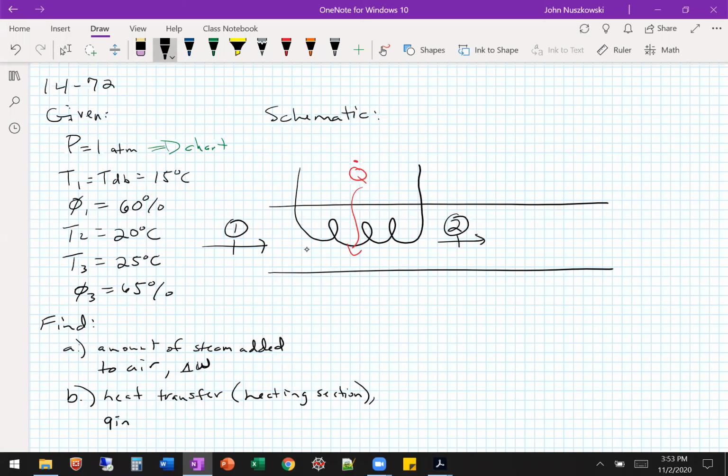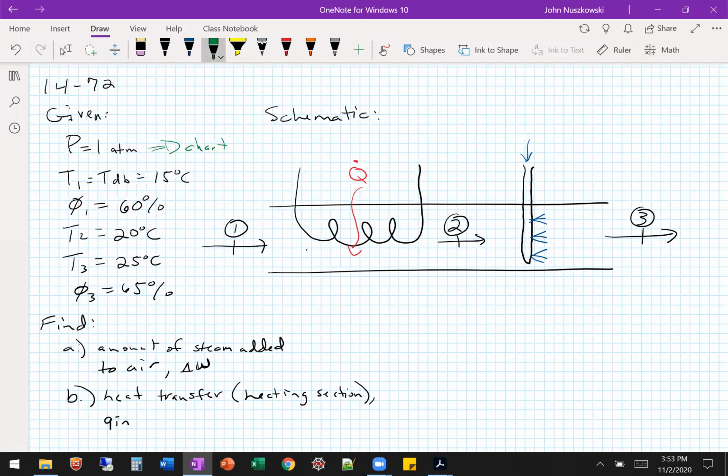And we have our spray section. This is where we're adding water. And then we exit at state 3.